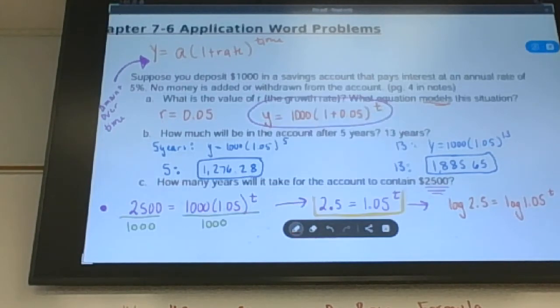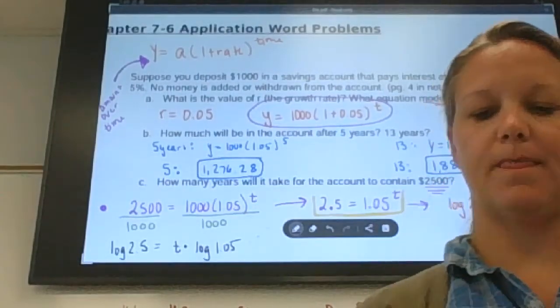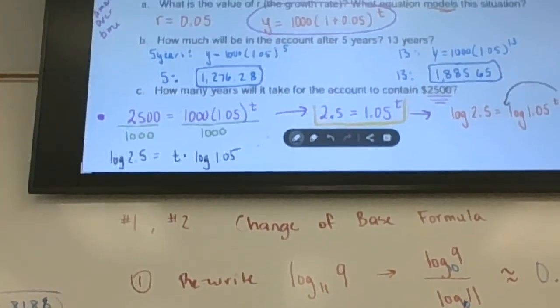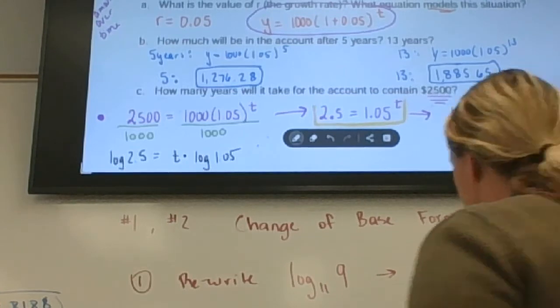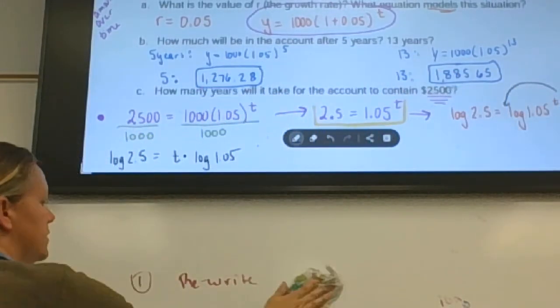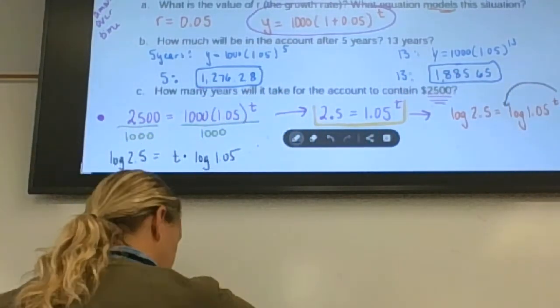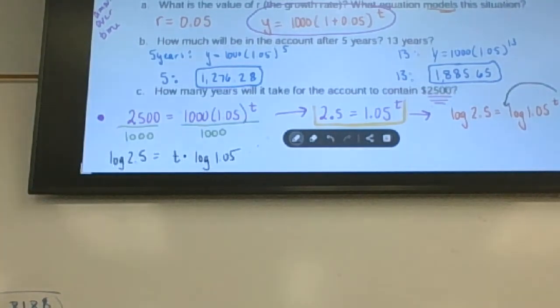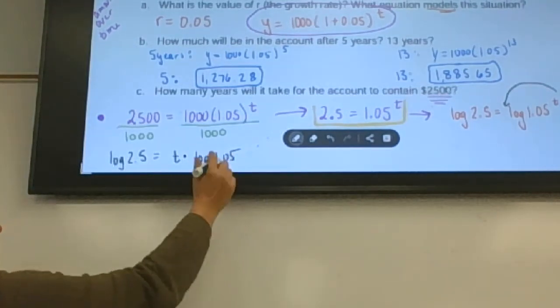So just like yesterday, we'll do the power property. And then divide. You divide log 2.5 by log 1.05.